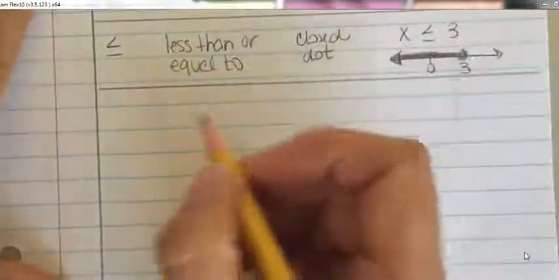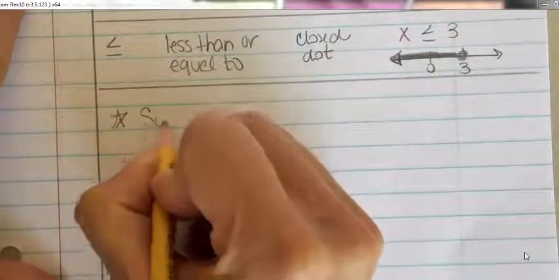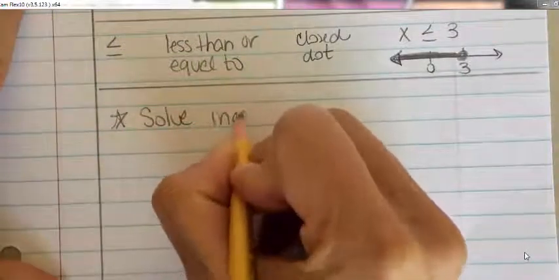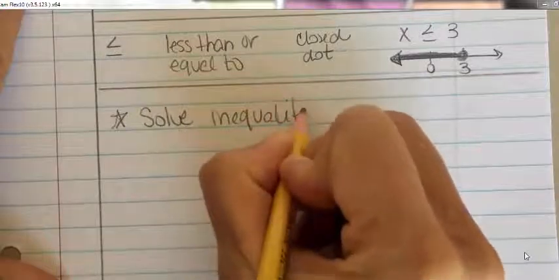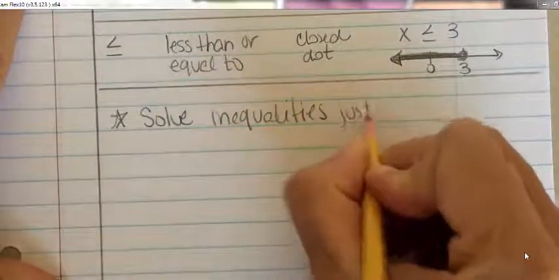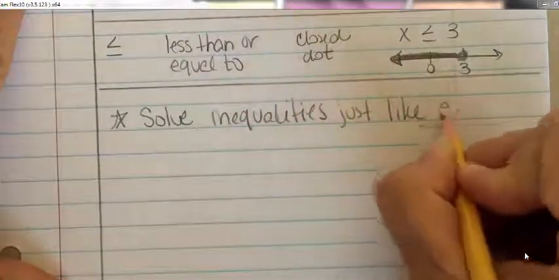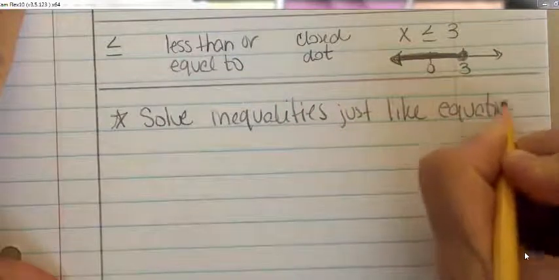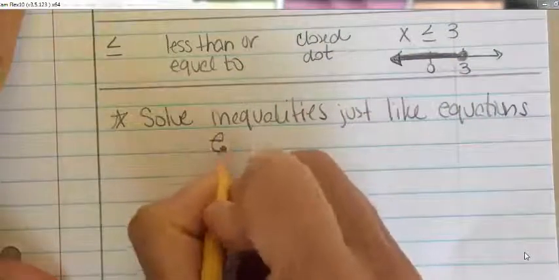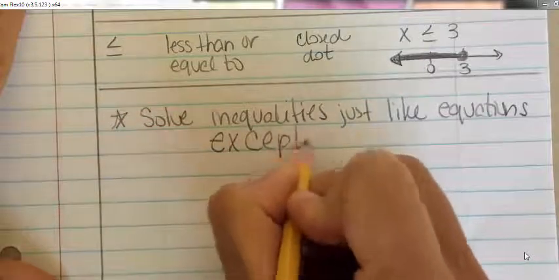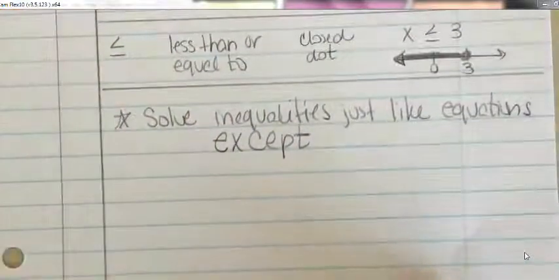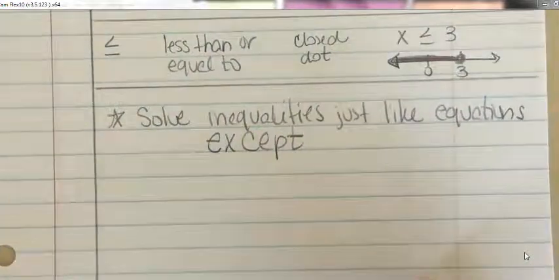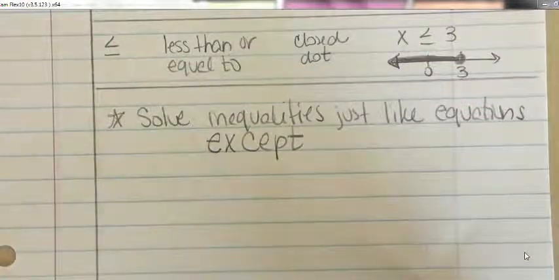I'm going to write a little note here. Solve inequalities just like equations, except, there's a big except there. There's one exception. When you're solving these things, if you have to multiply or divide both sides by a negative, you need to flip the inequality sign.